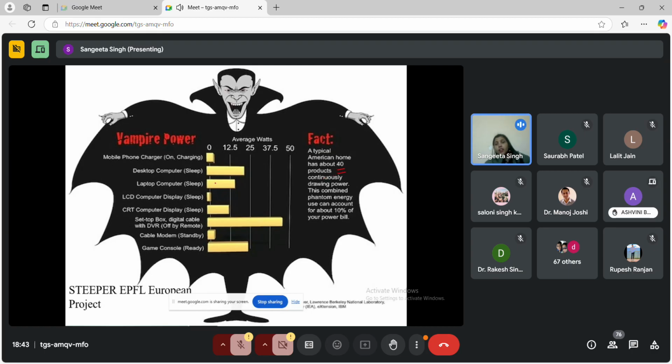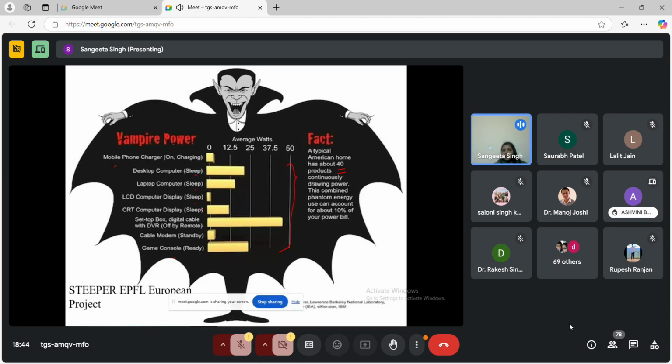This particular study was done on an American household, but even in India, we are using all those appliances. We are using a mobile phone charger, desktop computer, laptop, LCD, CRT, set-top box, digital cable, VCR, then DVR, then cable modem, game console. All of these are being used. And please see, they are also consuming power when they are in sleep mode.